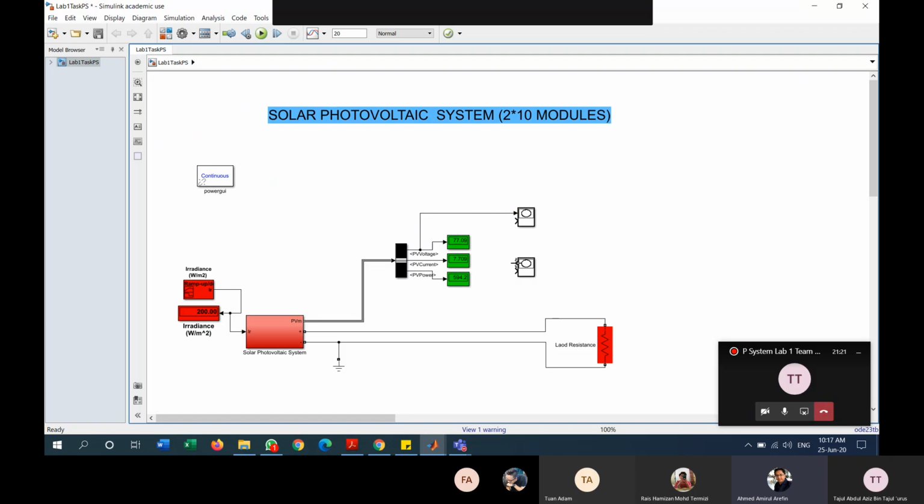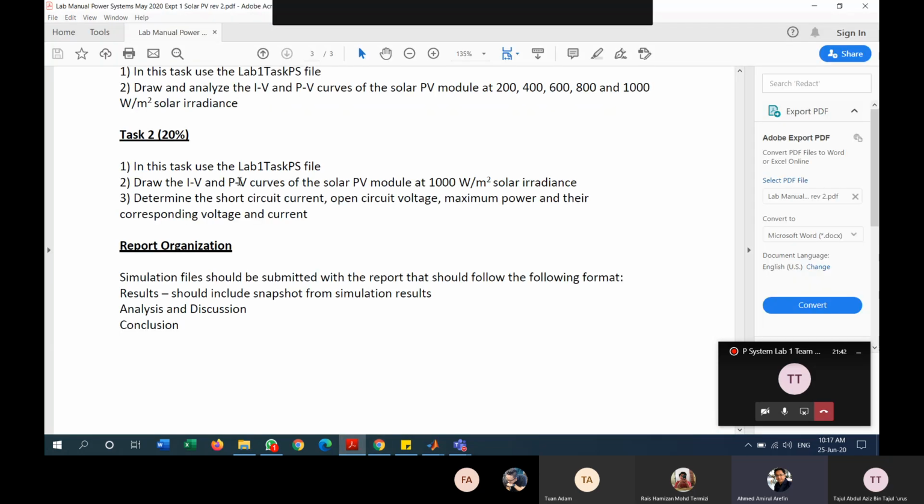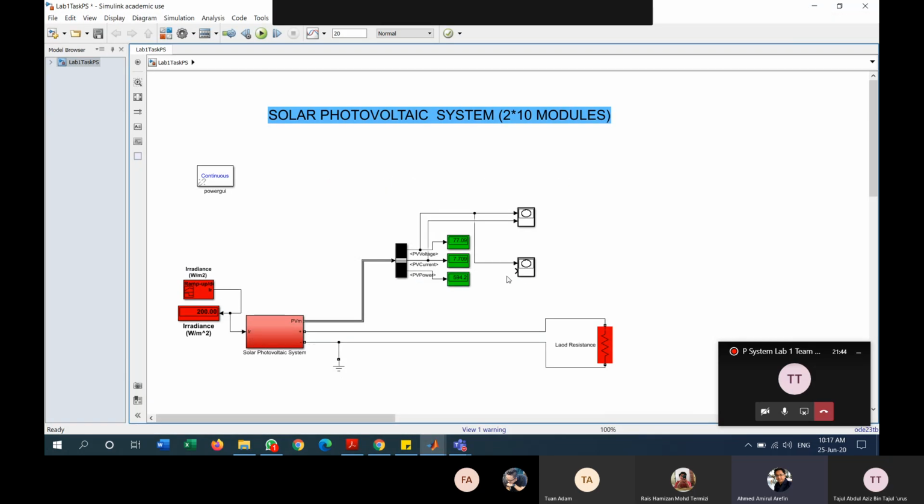And this one I am also connecting with the voltage, and this one I am connecting with the current for IV, and this one I am connecting for the PV power.